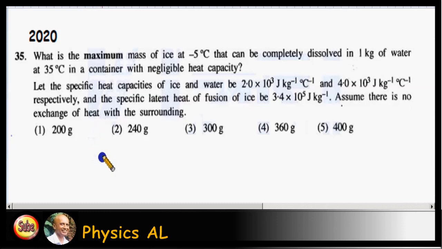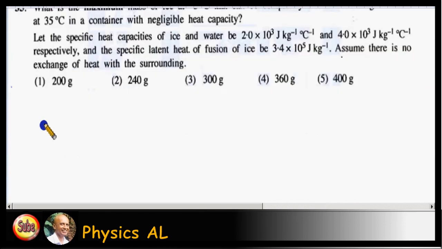The ice cube has been dropped into water so that it completely dissolves. For you to understand easily, I draw a diagram. This one is the cube of ice at -5 temperature. Mass we don't know.